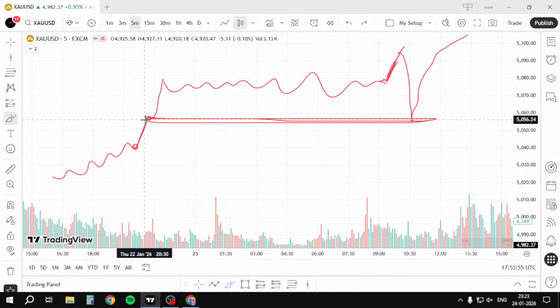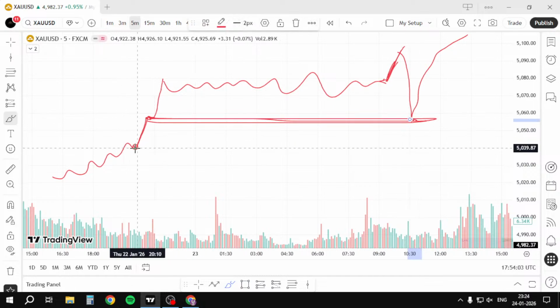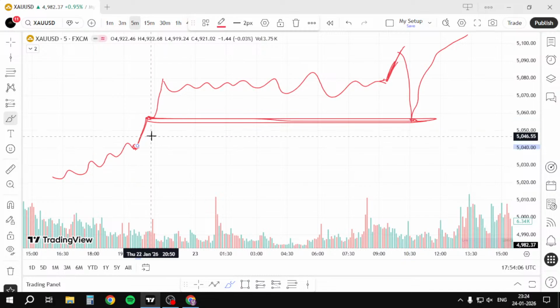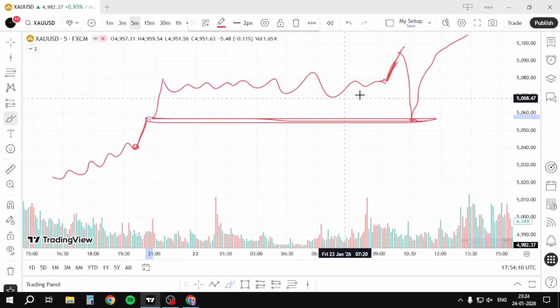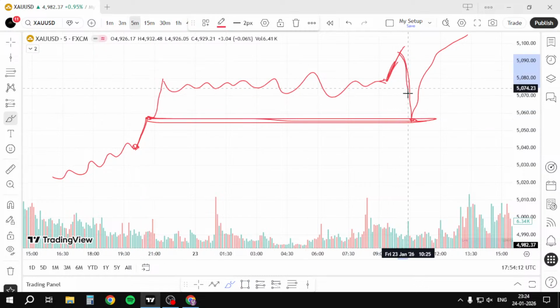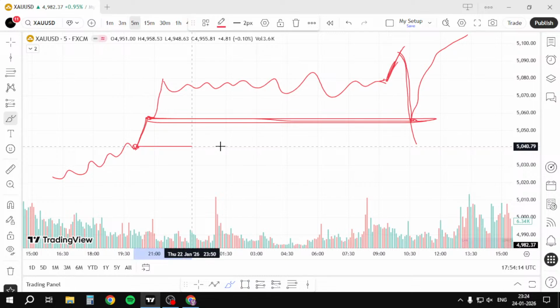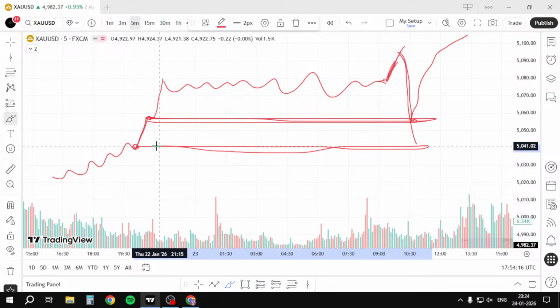So this is the main concept, right? No doubt they put their orders here. You put your 200 million here. Another institution could put their money here, but you want to pull the market here. So this will be your entry zone.